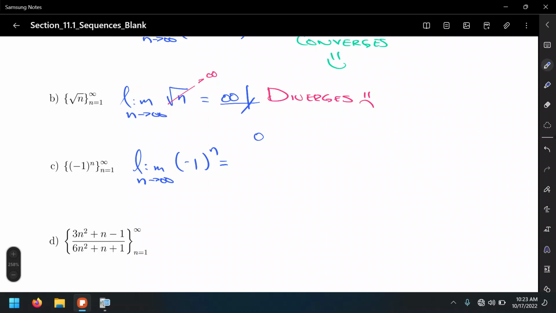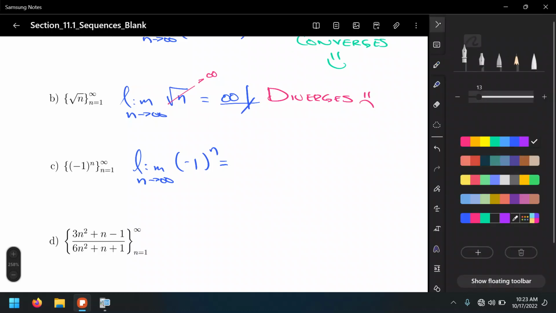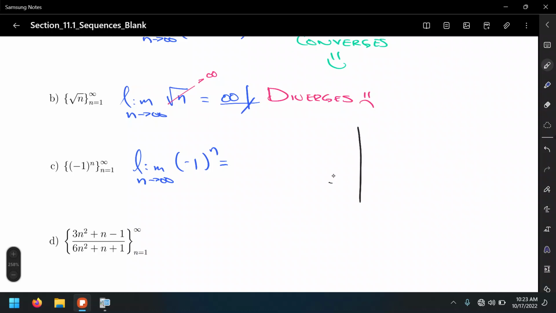Does not exist. It's going to be alternating, right? Because essentially this is what's going on. If we observe the graph, for example, for n equals 1, that's going to give us a -1. For n equals 2, it's positive, then n equals 3, negative, positive, negative.